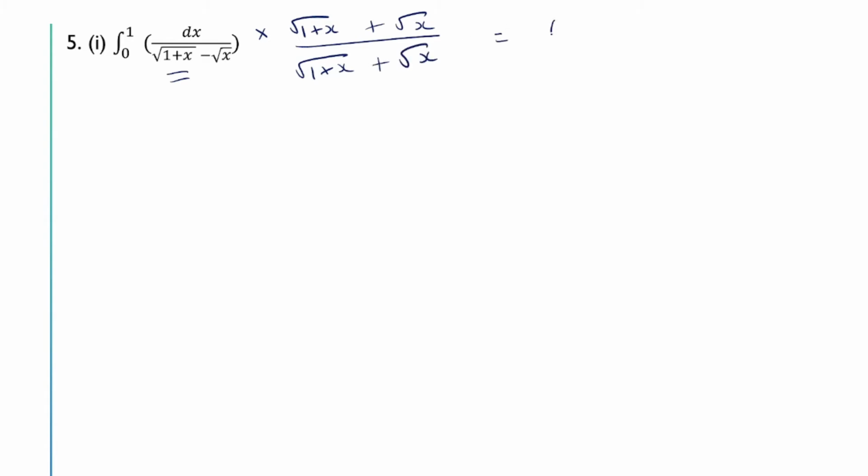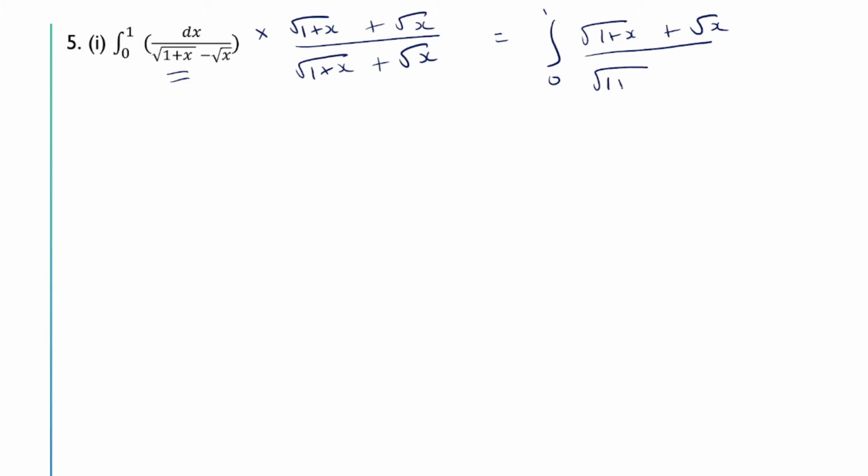So if you want to integrate this, we have to multiply and divide by root of 1 plus x plus root x upon root of 1 plus x plus root x. So this will be equal to integral 0 to 1 root of 1 plus x plus root x upon, so this is of the form a minus b into a plus b. Here a is root of 1 plus x and b is root x. So a minus b into a plus b is a square minus b square.